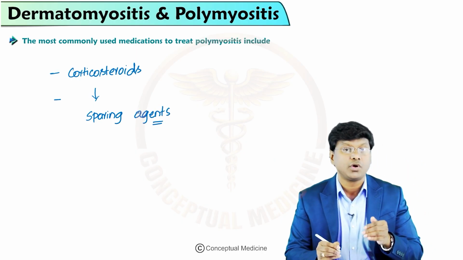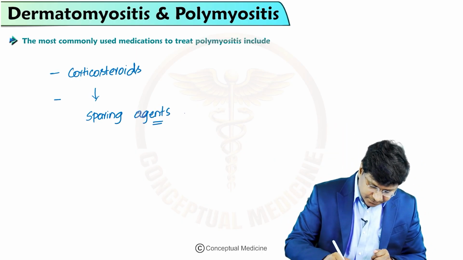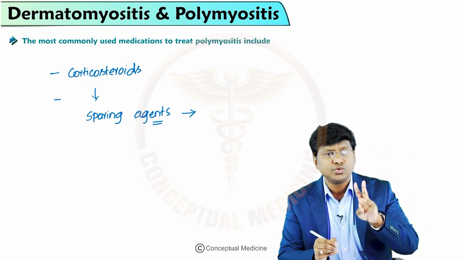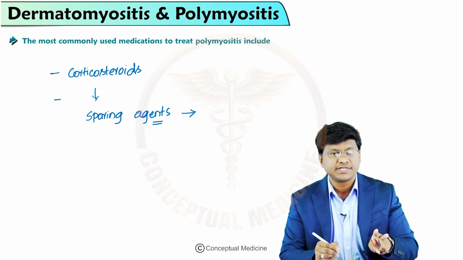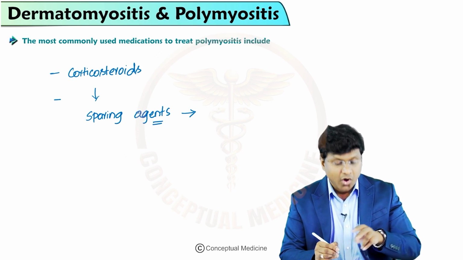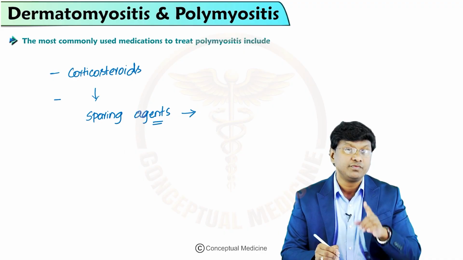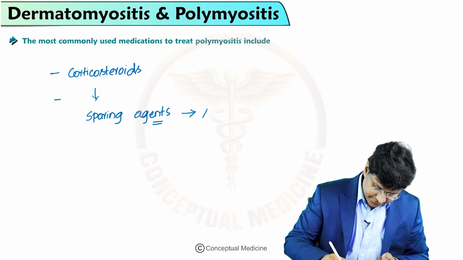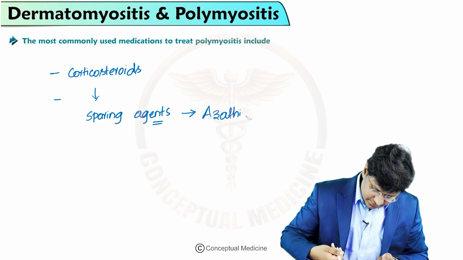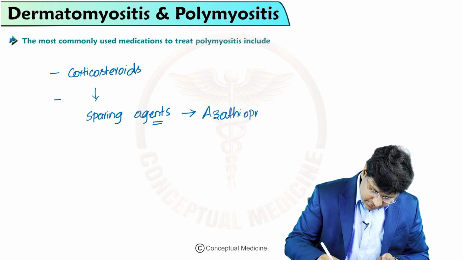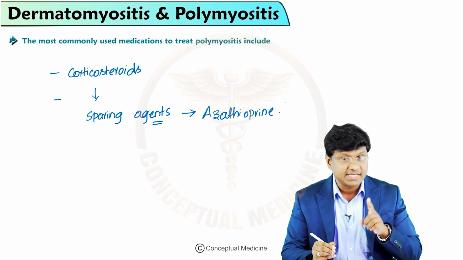The two most common medications used for polymyositis as an alternative to steroids: one will be azathioprine.